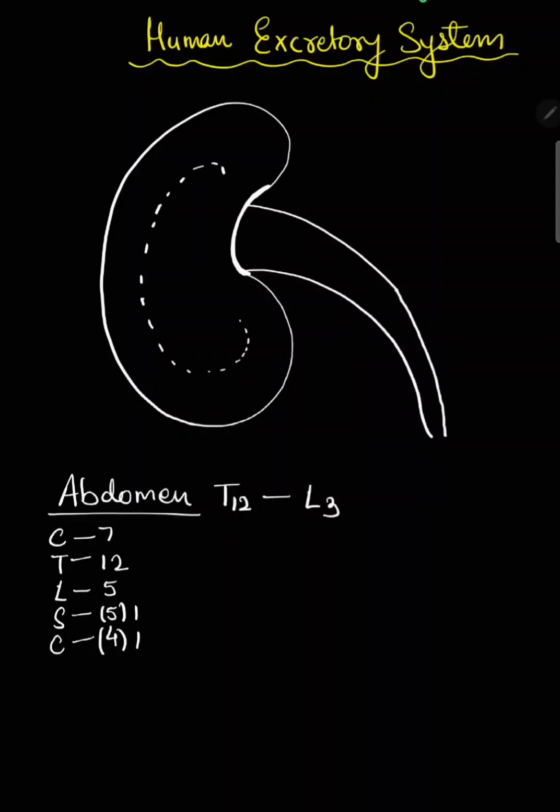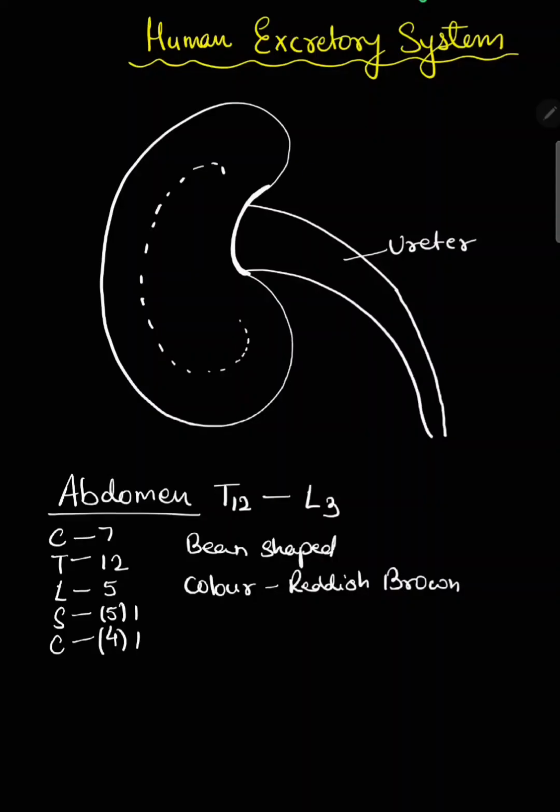It is a bean shaped organ, and the color is reddish brown or dark red. The point from where the ureter originates and the blood vessels enter, this is the ureter.